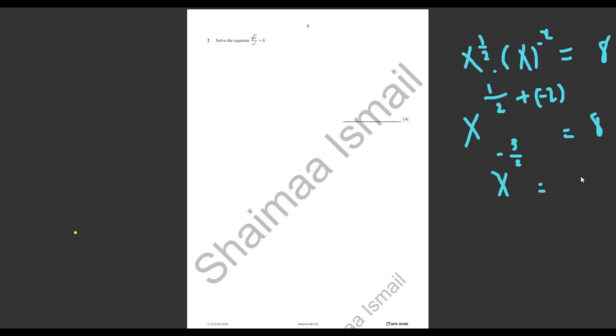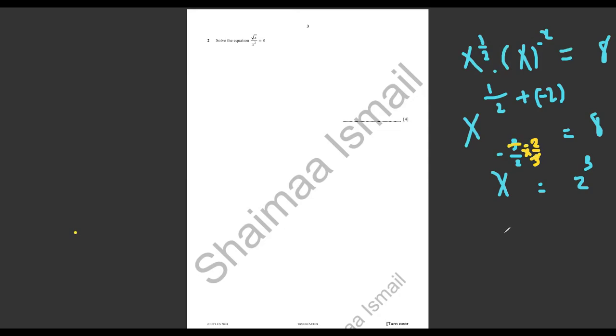Here, we can say 8 is equal to 2 to the power of 3. Then we're going to multiply the power by negative 2 over 3.